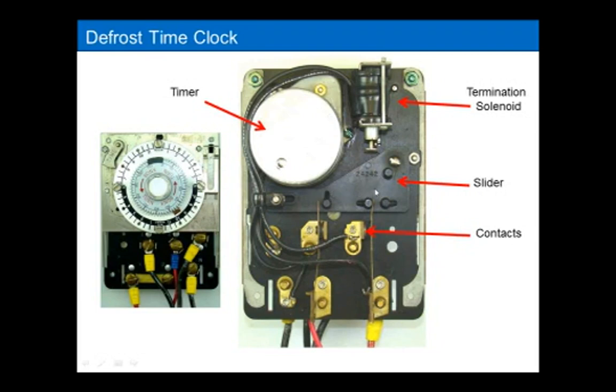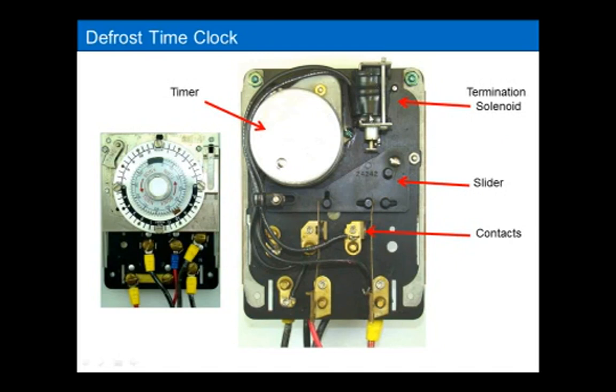So when I'm in defrost, and my defrost contacts are made and my refrigeration contacts are open, the slider is going to be in a position. If by any means I energize this solenoid coil, if I put voltage to this coil, being energized will mechanically move the slider and break the heating circuit, make the refrigeration circuit, and put the unit back into refrigeration mode.